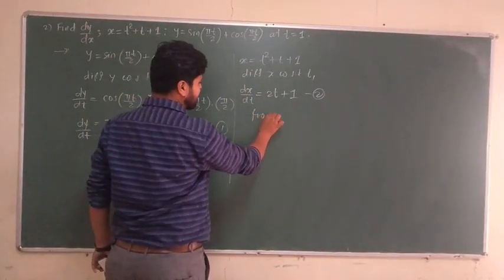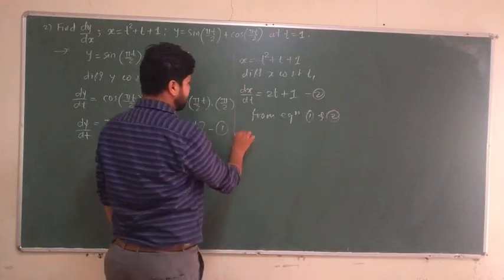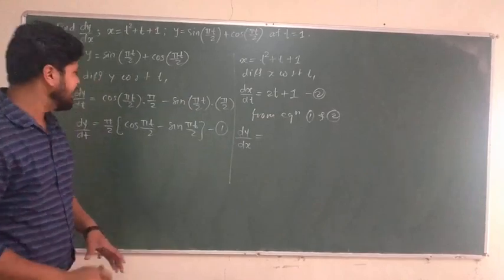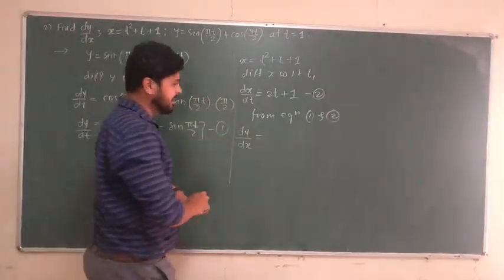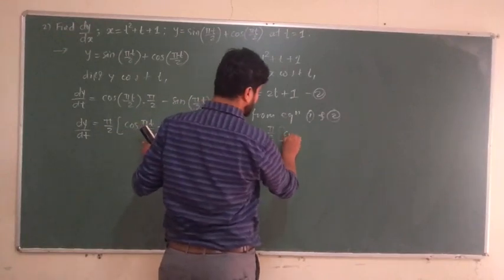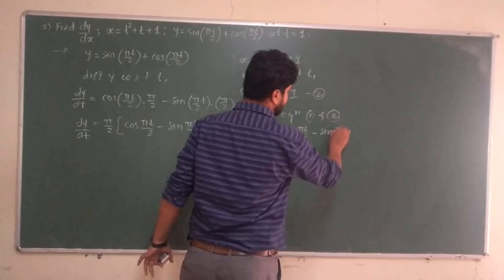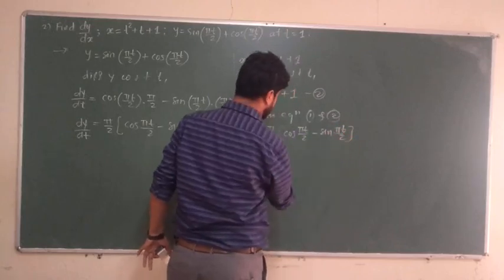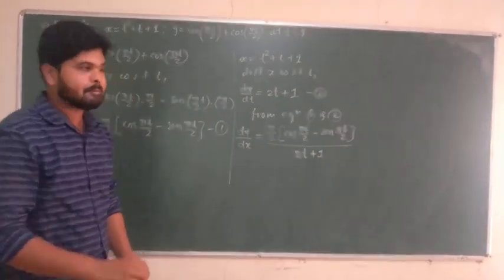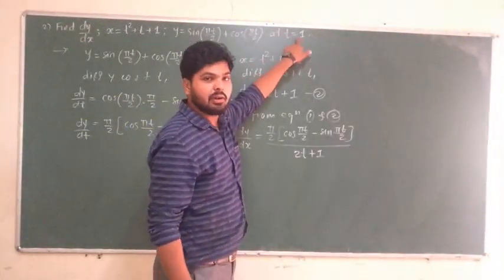So from this equation 1 and 2, the value of dy by dx, the formula is dy by dt upon dx by dt. I am directly putting the values here. So pi by 2 into cos of pi t upon 2 minus sin pi t upon 2, divided by 2t plus 1. But we have to find this derivative at t equal to 1.